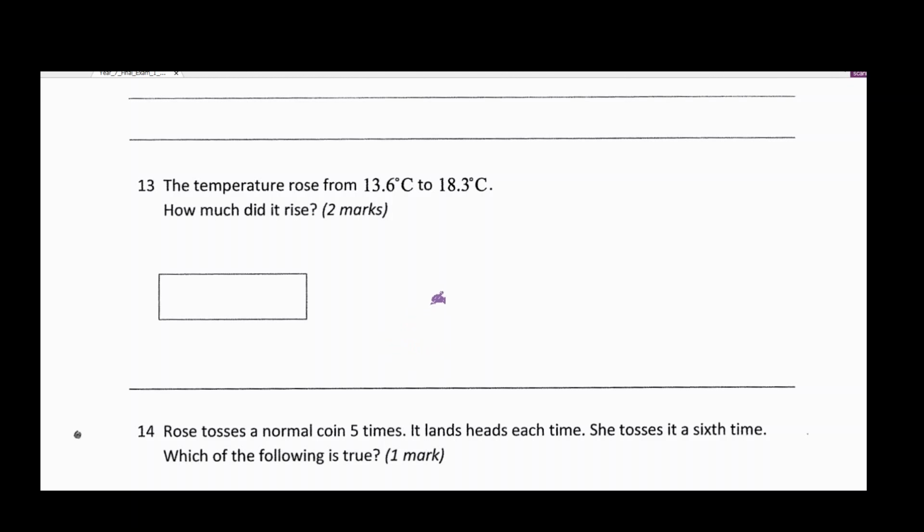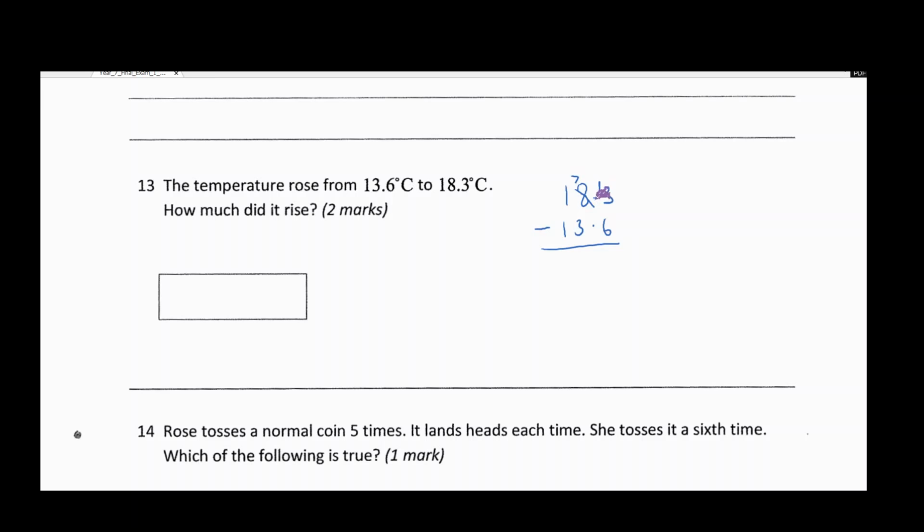The temperature rose from 13.6 degrees Celsius to 18.3 degrees Celsius. How much did it rise? 18.3 take 13.6. 3 take 6, we can't do it. We need to borrow. That 8 becomes 7.